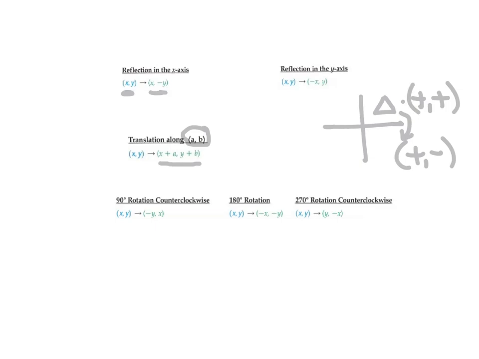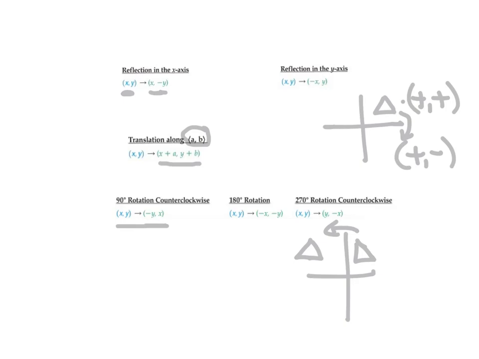Okay, and then again, what happens to coordinates if you are going counterclockwise? So again, if you've got something here and you're rotating it counterclockwise, that's going in this direction, so we've got something that will now be over here. Well, let's have a look at what's happening. Your x and your y numbers that you've got, you reverse them, and then obviously you change the y coordinate to negative.